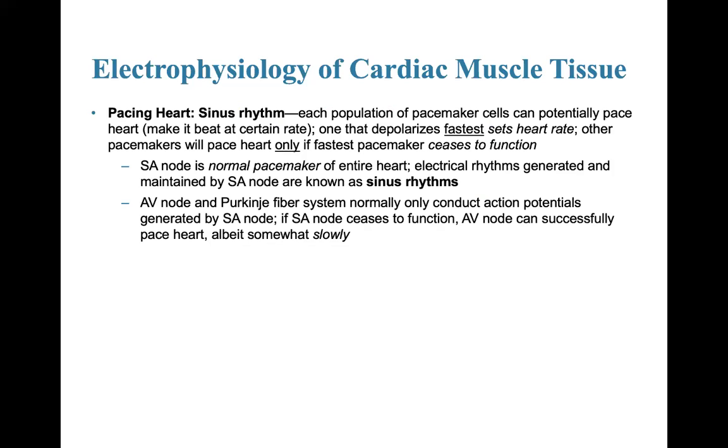Electrical rhythms generated and maintained by the SA node are known as sinus rhythms. The AV node and the Purkinje fiber system normally only conduct action potentials generated by the SA node. If the SA node ceases to function, the AV node can successfully pace the heart, albeit at a slower pace.